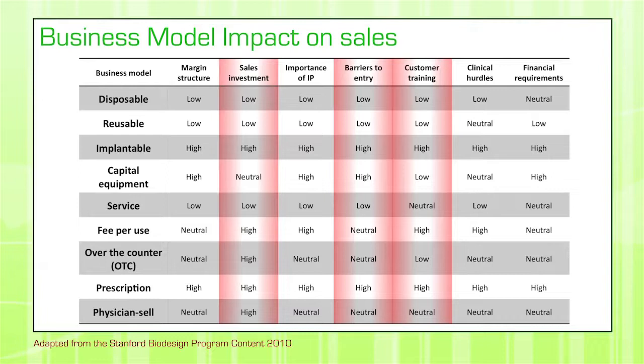For example, if you use a reusable business model, then your sales investment may be really low. But if you use, on the other side, a capital equipment or an over-the-counter business model, then your sales investment is going to be way higher. And that's going to determine the type of sales force that you are going to need.